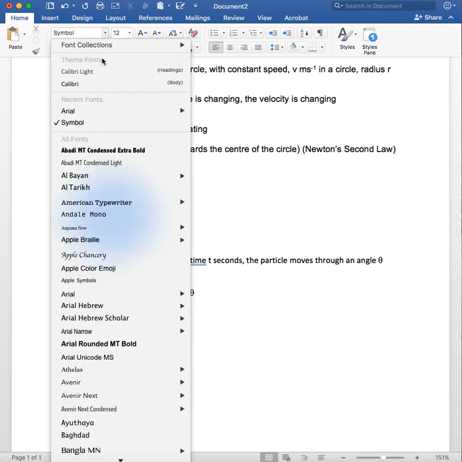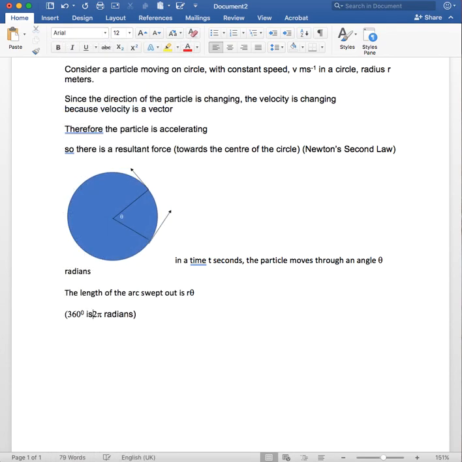So the benefit to us here in measuring the angle in radians is that this arc length here is r times theta.